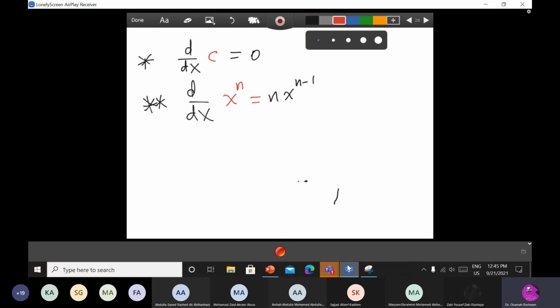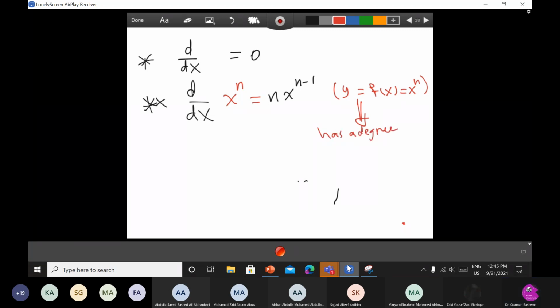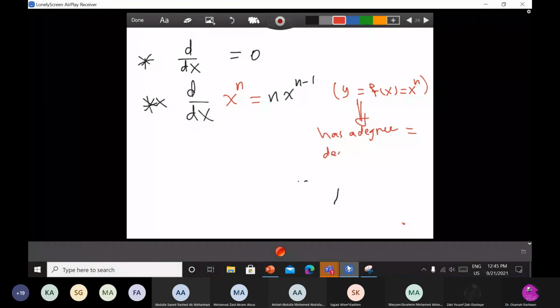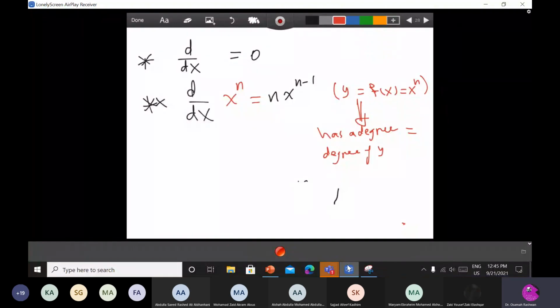Okay. Now, I noticed that if y equal to f of x equal to x to the power n, y has a degree equal to the degree of y dash, or f dash.